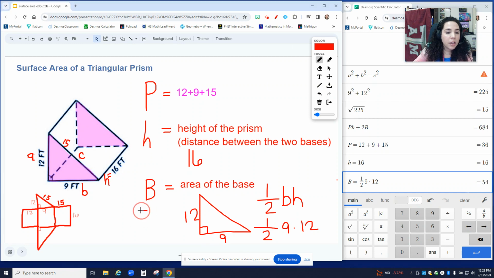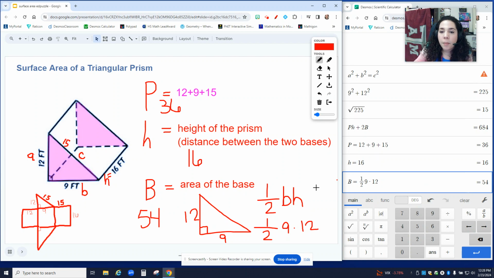Okay, so we're getting 54 for the area of the base, height is 16, perimeter is 36, and you can substitute these values into the formula. Notice here on the formula it says plus 2B. So it's perimeter of the base times the height of the prism plus 2 times B. We're multiplying 2 times the area of the base because we have two triangles.